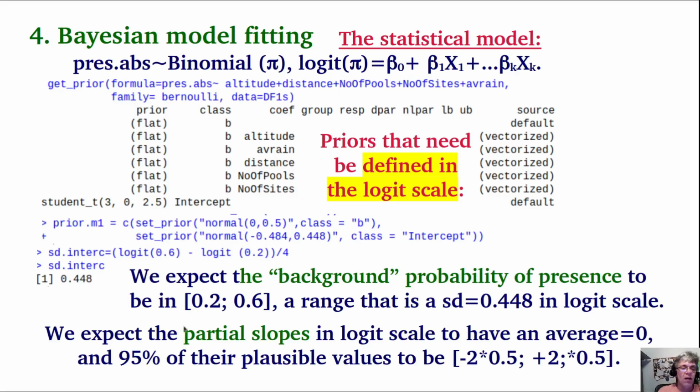Regarding the partial slopes, the prior that we set is a normal distribution with mean of 0 and standard deviation of 0.5. It means that we expect the average value of the slope to be null, to be 0, and 95% of the plausible values to be between -1 and +1.